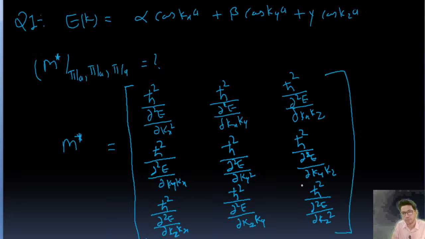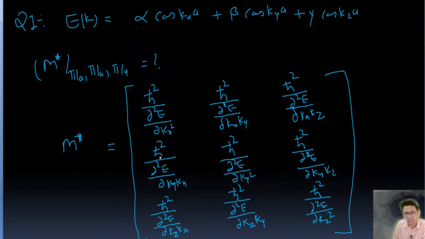So this is the effective mass formula, guys. You need to note it down, memorize it, and solve questions using it. So m star equals h cut square upon del square E upon del kx square, then h cut square upon del square E upon del kx ky, then del kx kz.